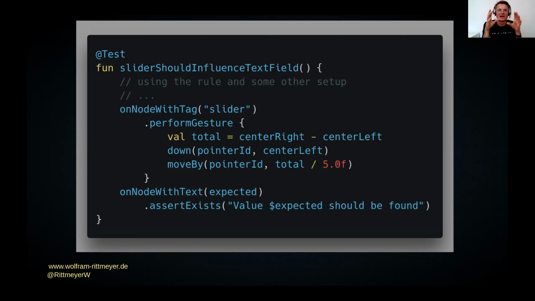So you actually have to create something specifically for the tests in your UI code, because you have to add a modifier point test tag, I think it was the name, to make this component usable this way in a test.